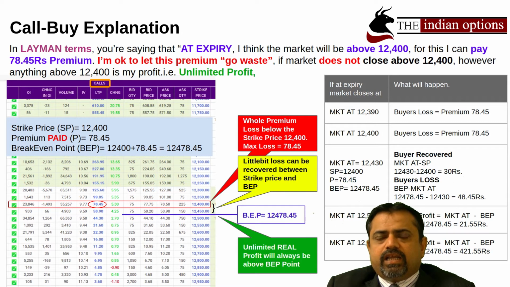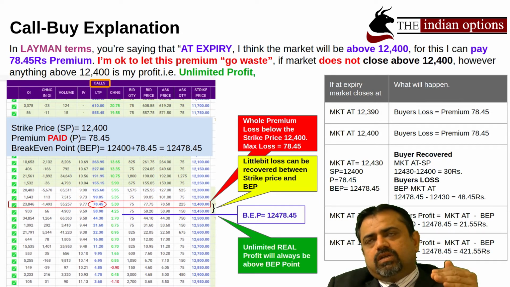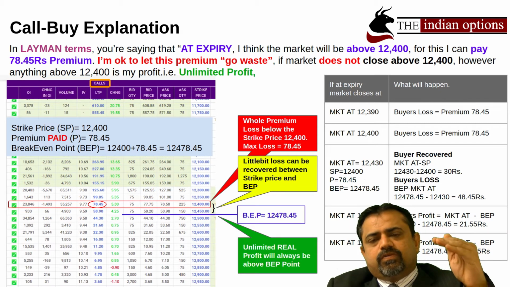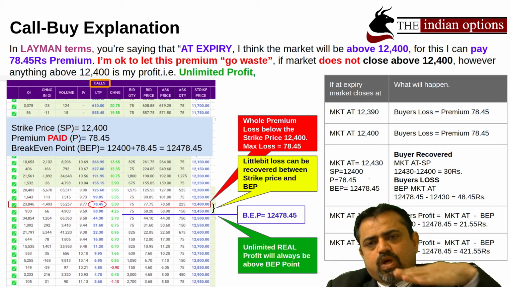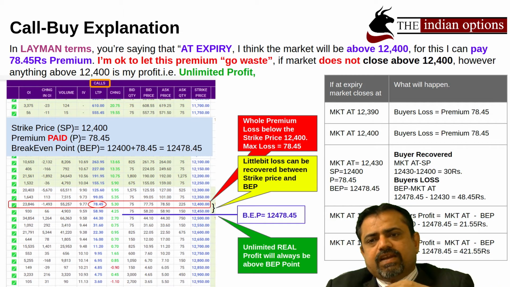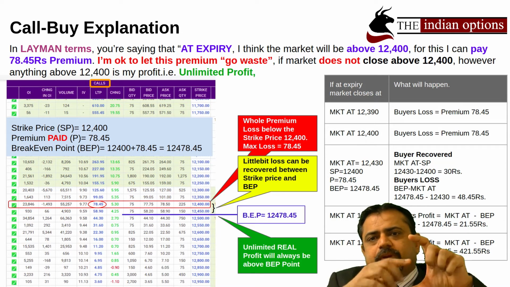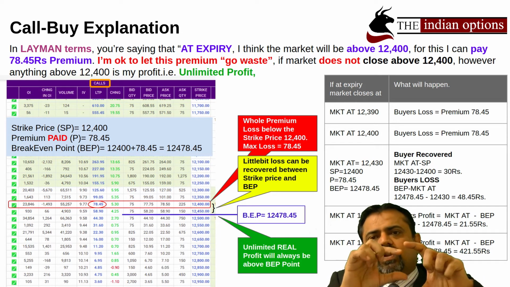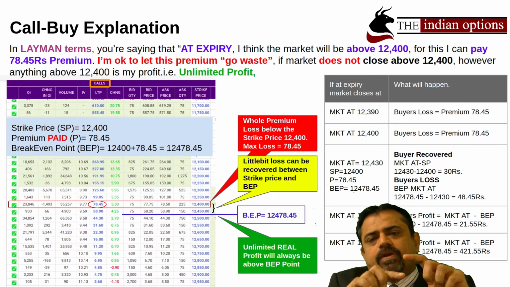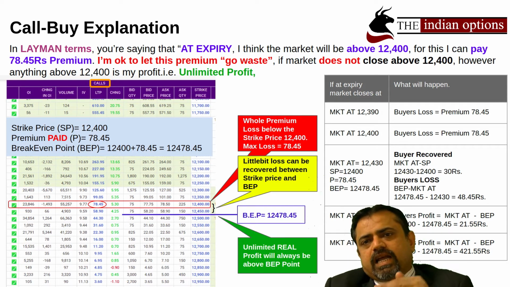I mean, you won't get any premium back in return. But if the market closes between 12,400 and 12,478.45, that is your break-even point, then within that span you can actually recover a part of your premium which you had paid, because the market actually didn't cross the break-even point.